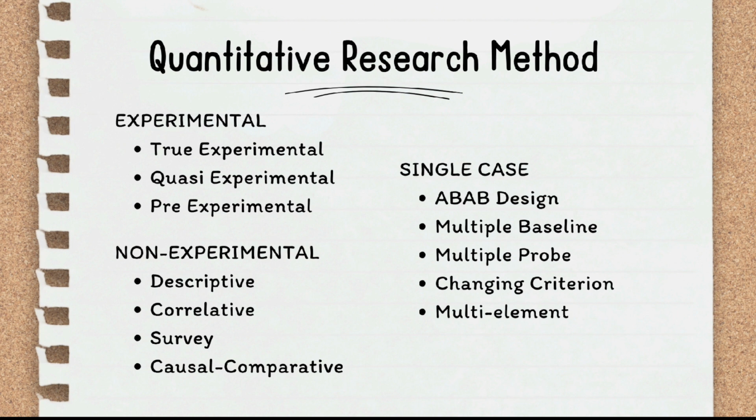Correlation studies examine the relationships between two or more variables without manipulating them. And comparative research. Comparative studies compare two or more groups or conditions to identify similarities and differences.